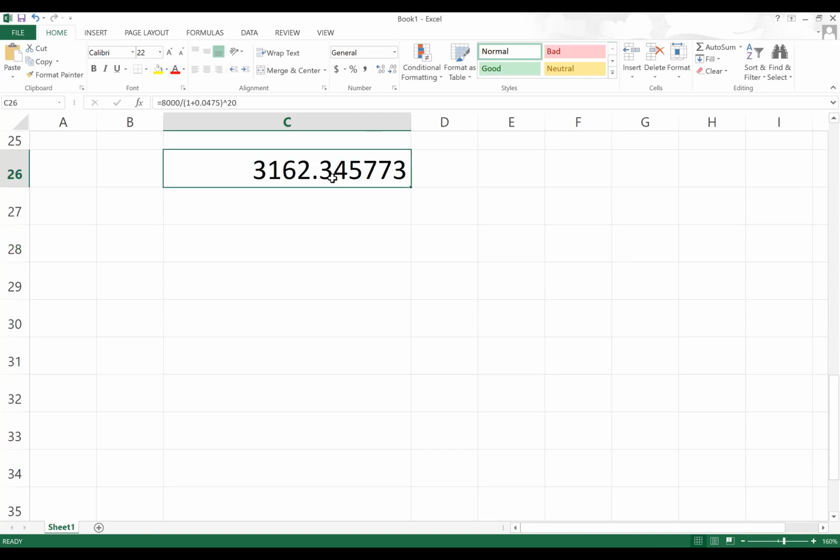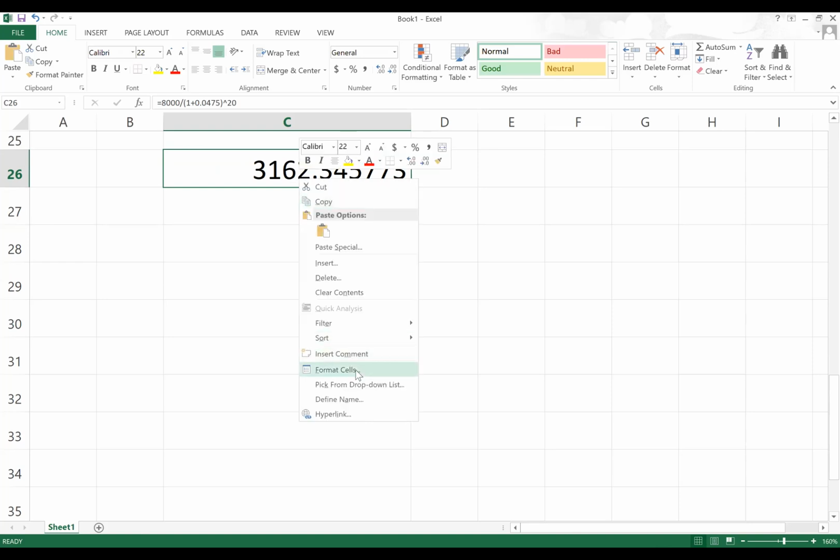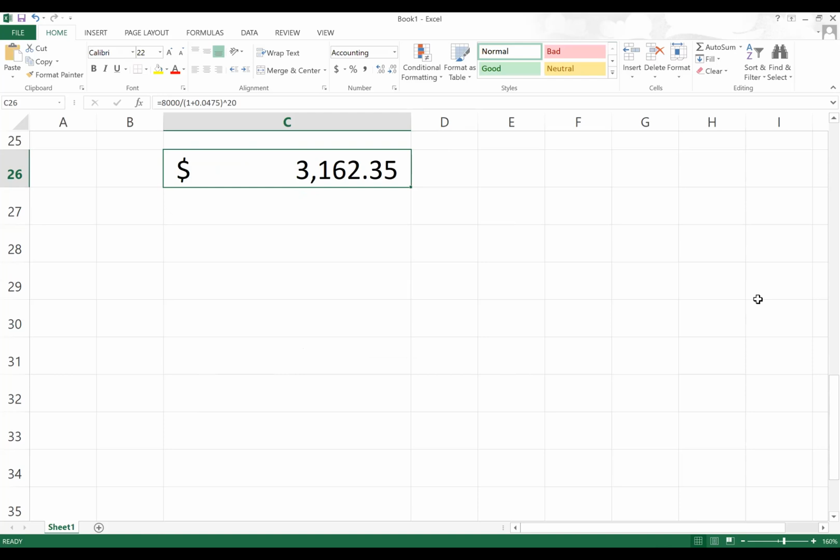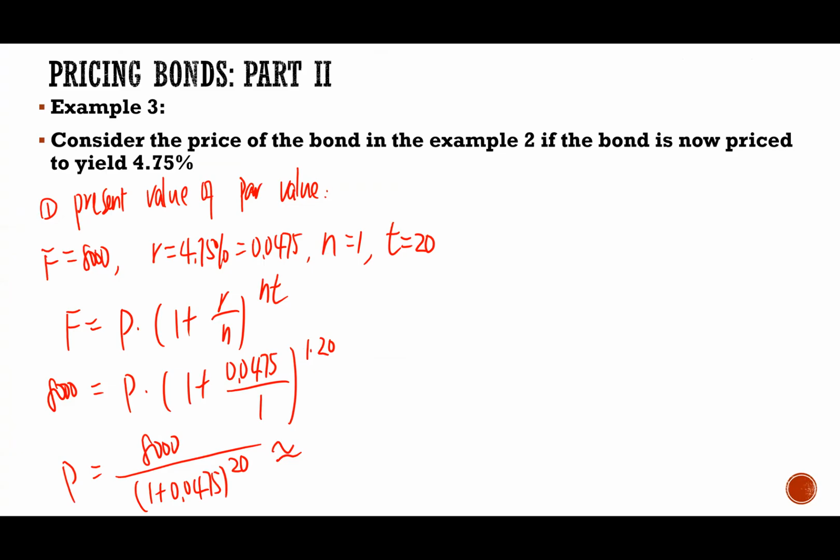So now it's worth $3,162.35. So 8,000 in 20 years is worth 3162.35. If you compare to the previous one, it's worth more because the market rate is lower.